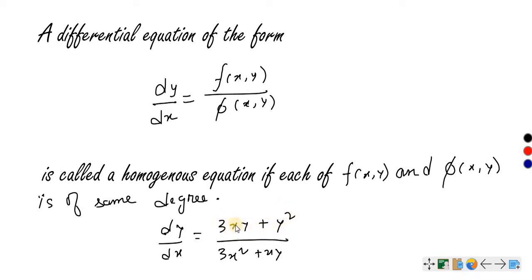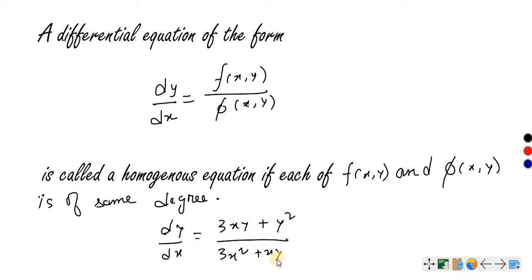What is the degree here? It is 1 plus 1, that is 2. Here the degree is 2. Here the degree is 2. So we see that the degree of the upper function and the degree of the lower function is the same.